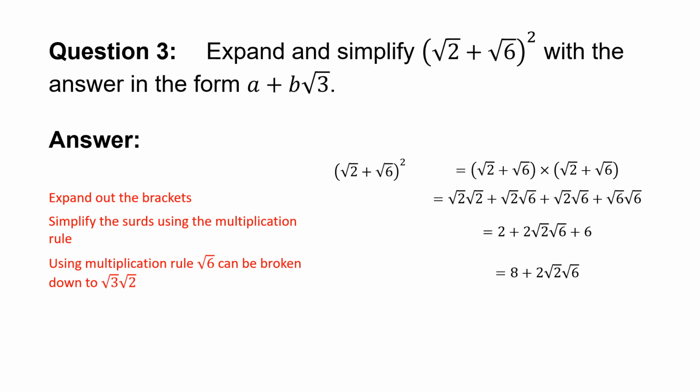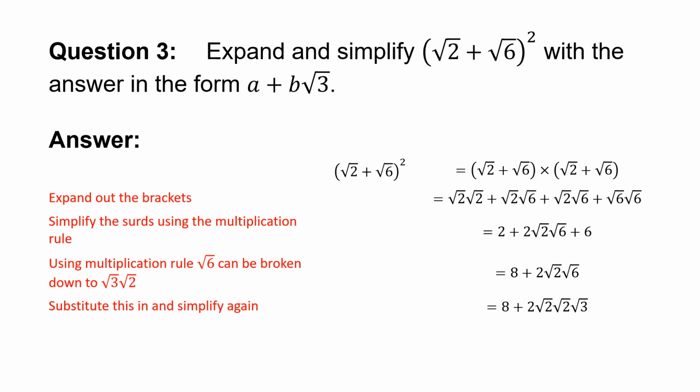And then there's one last step we can take here, and that is that we have this root 6 term. This root 6 term we can rewrite using the multiplication rule as root 3 root 2. When we do this, we now have 8 plus 2 root 2, and then we're going to sub in that root 2 root 3 instead of the root 6.